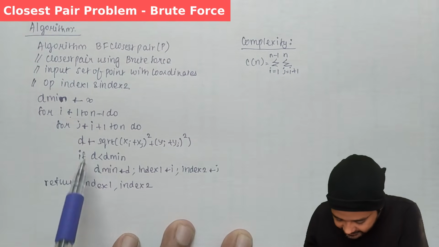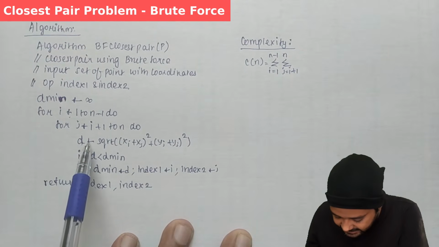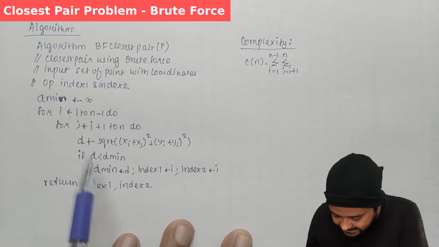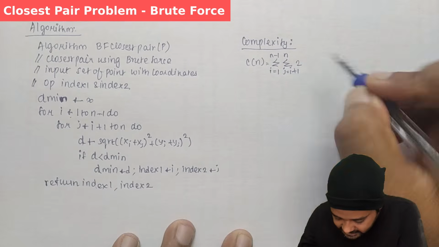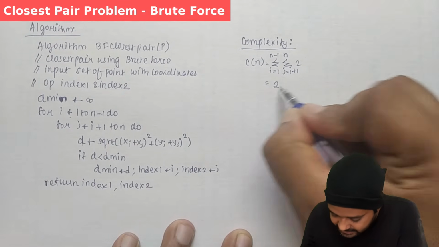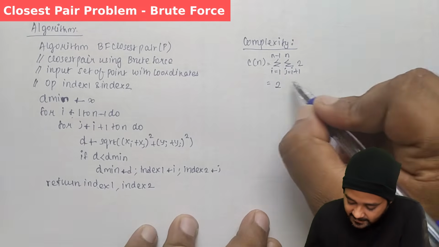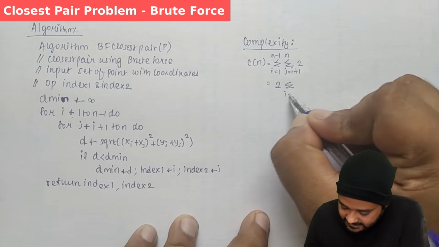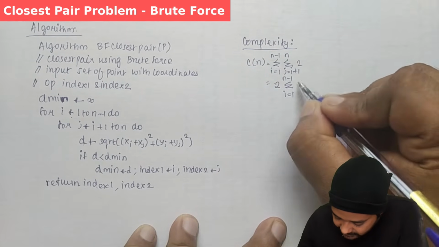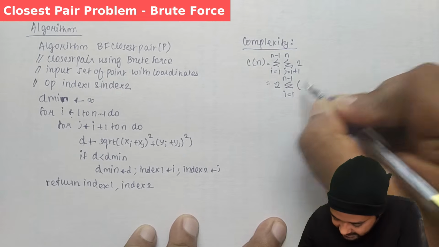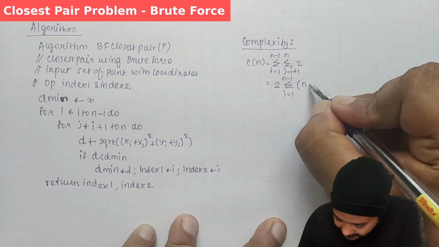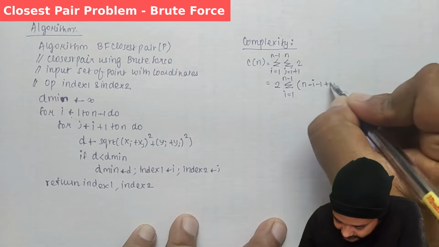And then how many basic operations are there? The basic operation for calculating the distance, and then we have to check whether it is minimal. So there are two basic operations. After that we have to expand the equation. Taking 2 out as a common factor, we expand using upper limit minus lower limit plus 1. The upper limit will be n minus my lower limit plus 1.